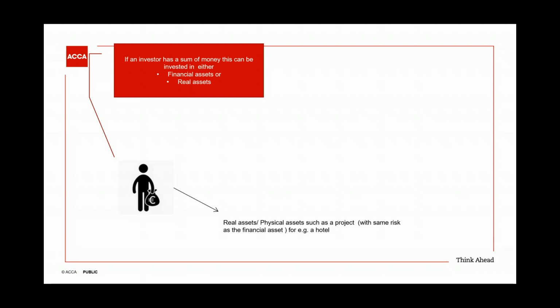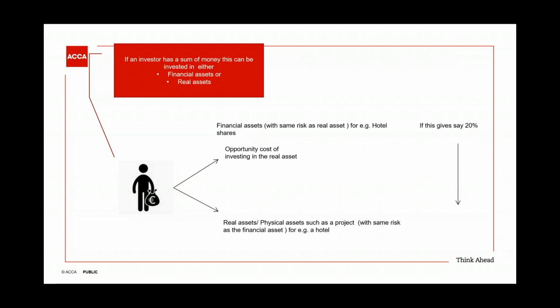But rather than investing in the real asset, there is another option. You can invest in a financial asset, for example, rather than investing in a hotel, you can buy hotel shares. And it's possible to work out the return available on the hotel shares.